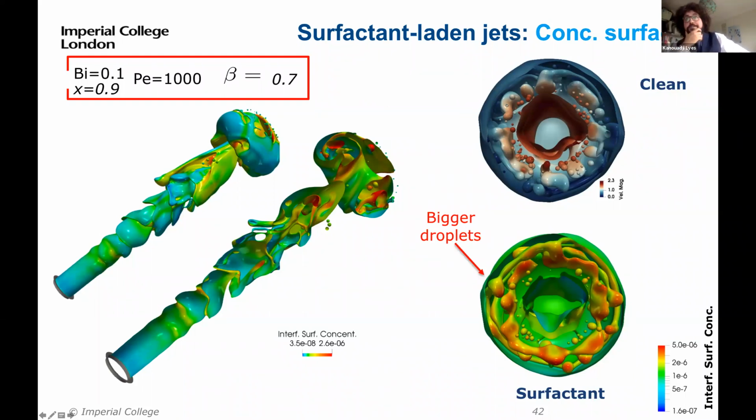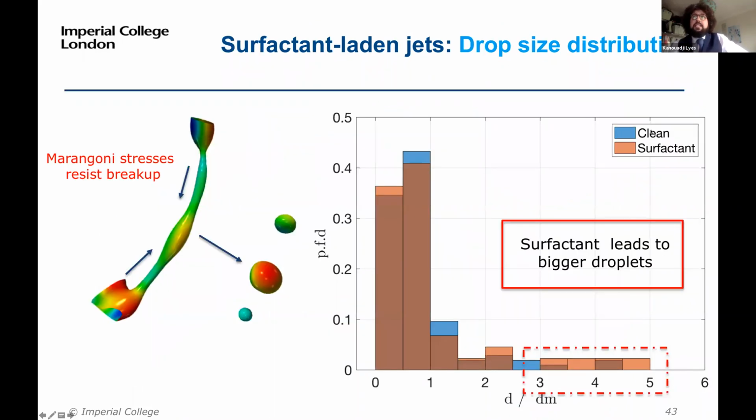And here is what you observe. These are the statistics when you compare the clean case that I showed you before and the surfactant case. Here it's really the statistics of the oil inside the water jet. And when you superpose them, this is what you obtain, clean and surfactant. And you see that the surfactant provides bigger droplets. And the bigger droplets have to do with the way the ligament will break up and retract.